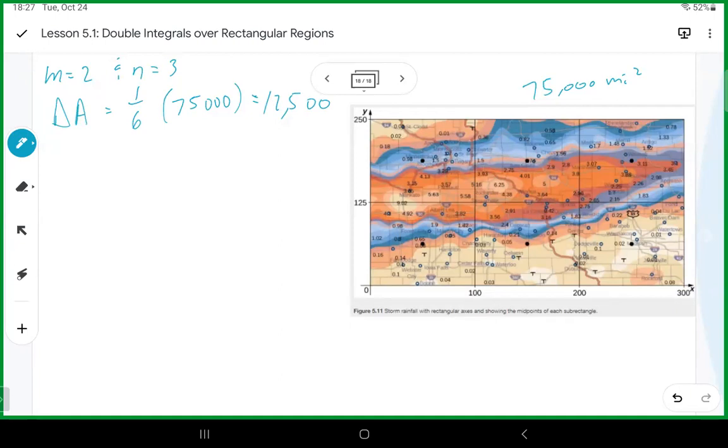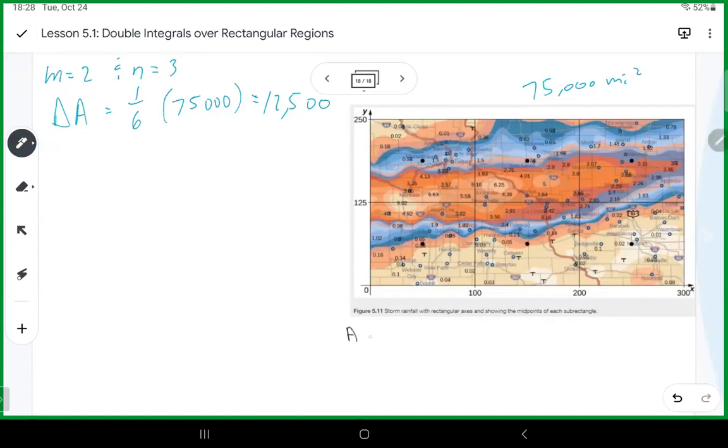We assume that our arbitrary points are approximately the midpoints of each sub-rectangle. Note the color-coded region at each of these points and estimate the rainfall. I'm going to write them out for you so you can have an idea.